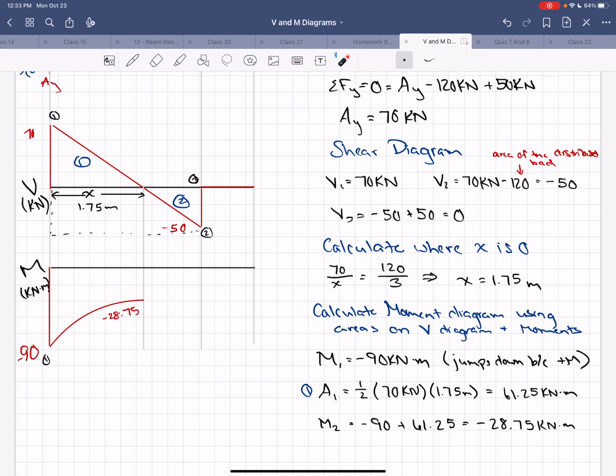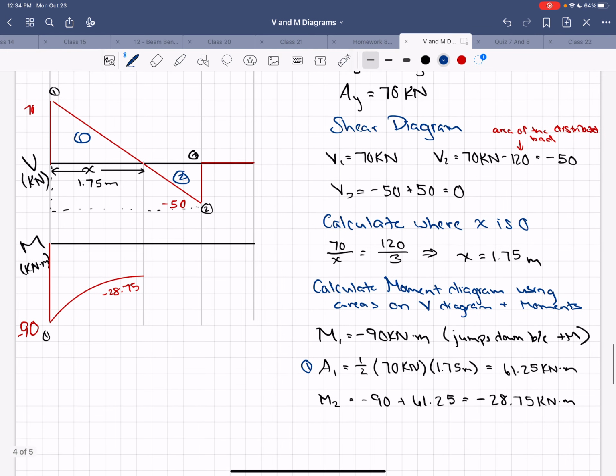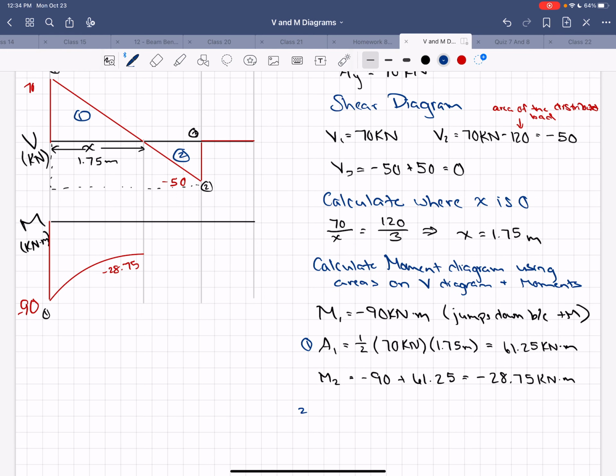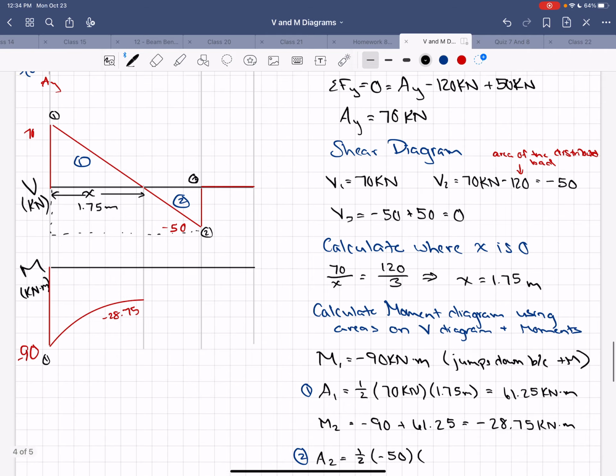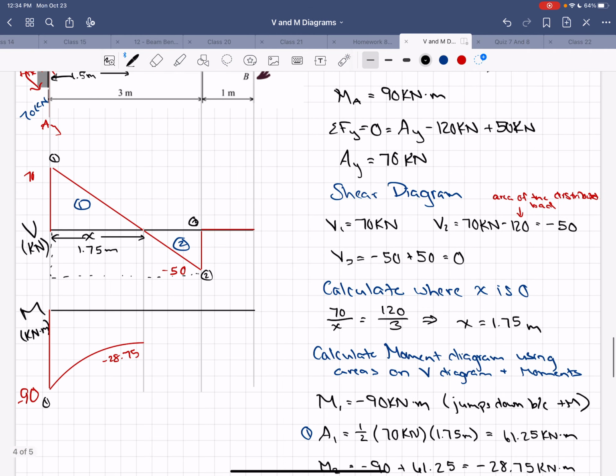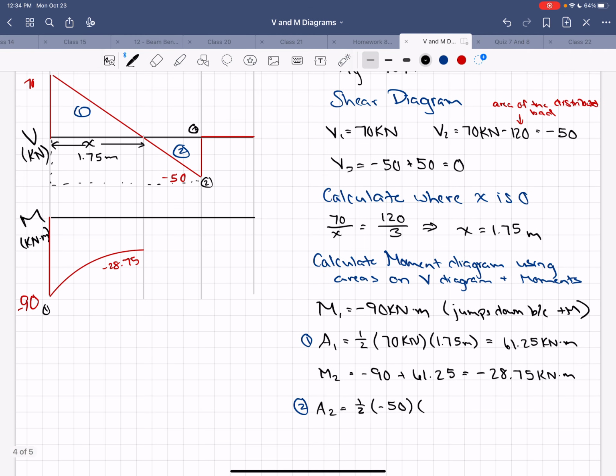So now we'll calculate area 2. So A2 equals 1/2. The height is negative 50. The length is 3 minus 1.75, so it's 1.25. So this equals negative 31.25.